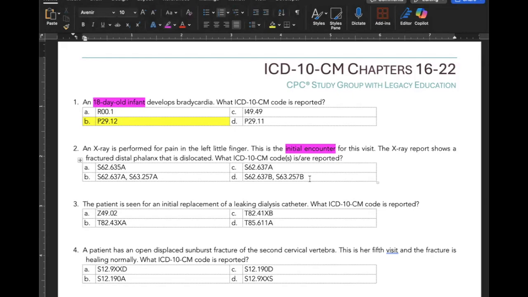So we have S62.637 and then A, right? Because we have 2 options. We have closed and open. If we do not have an indication as to whether it's open or closed, we should default to closed, right?